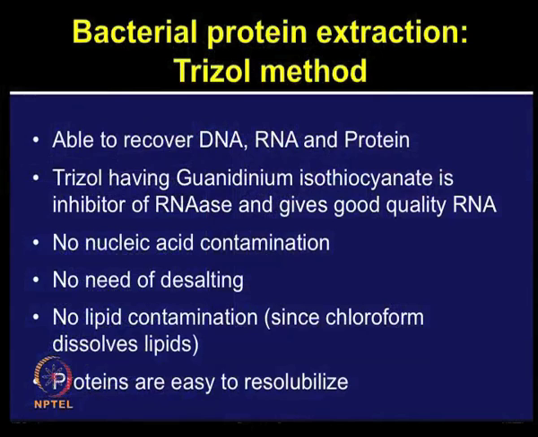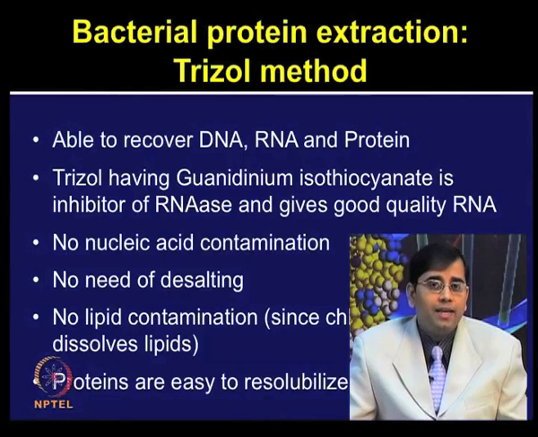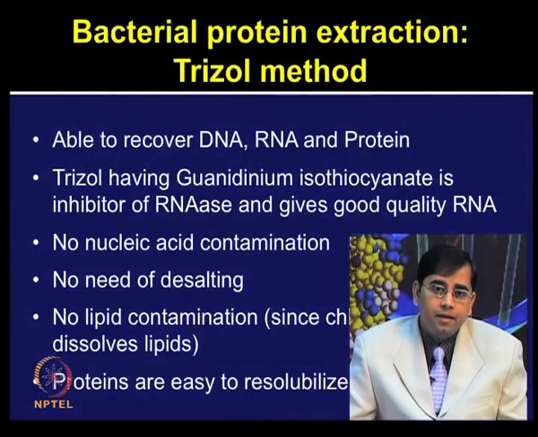Trizol, having guanidinium isothiocyanate, is an inhibitor of RNases, and it provides very good quality RNA. This method also eliminates any possibility of nucleic acid contamination, because you are already removing DNA and RNA.